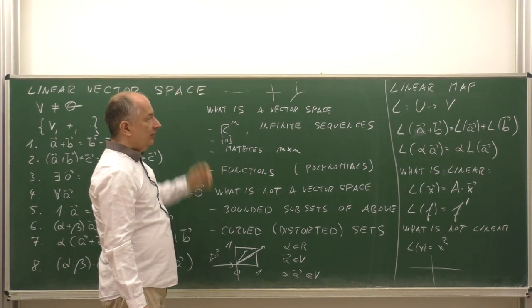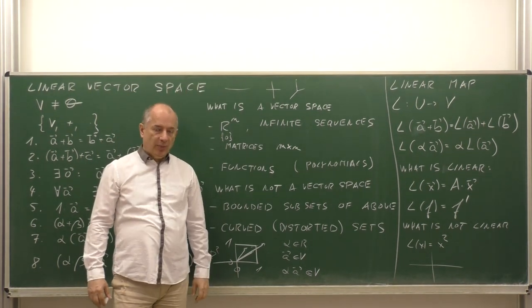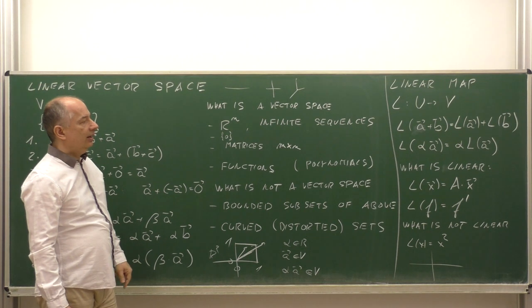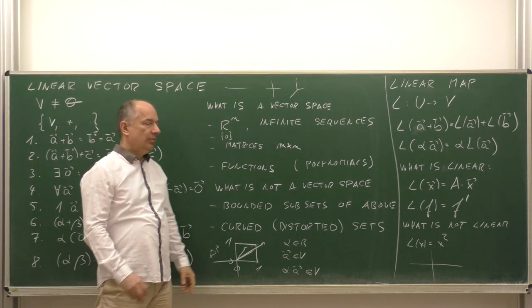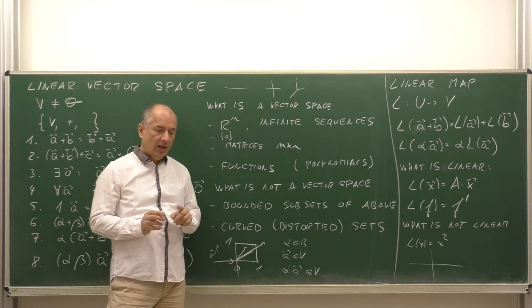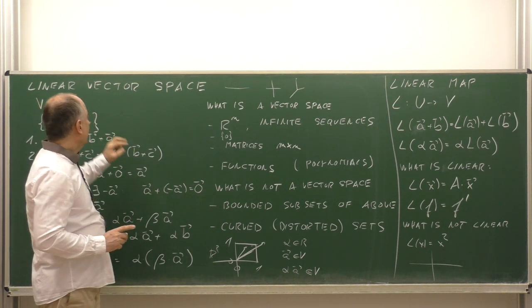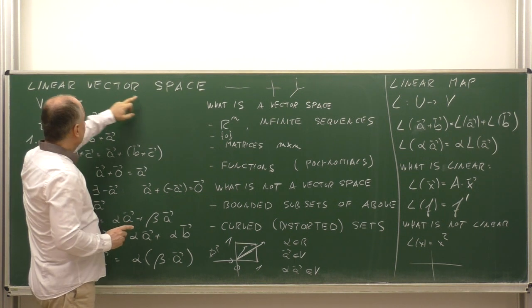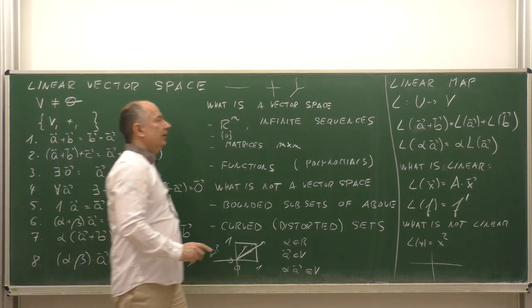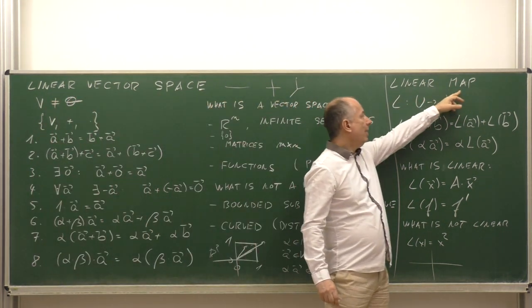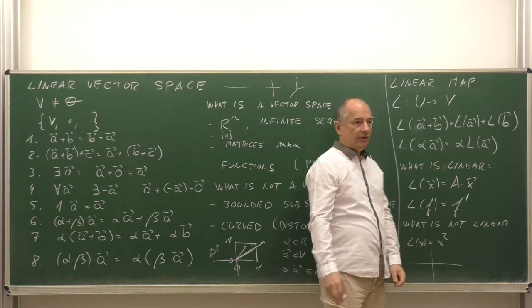Well, now that we have the term linear vector space, we can define another very important term: linear map. Not to be confused, the word linear here is the adjective to the space, and here it is the adjective to the map, a generalization of a function.